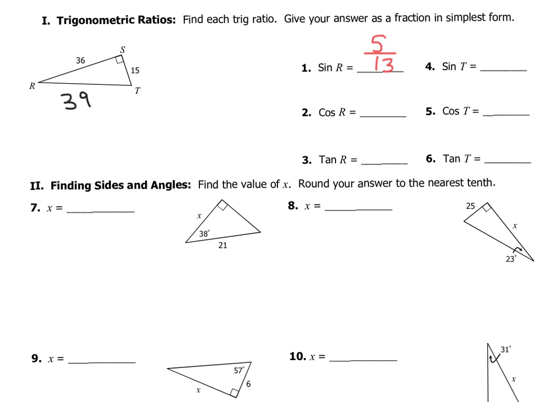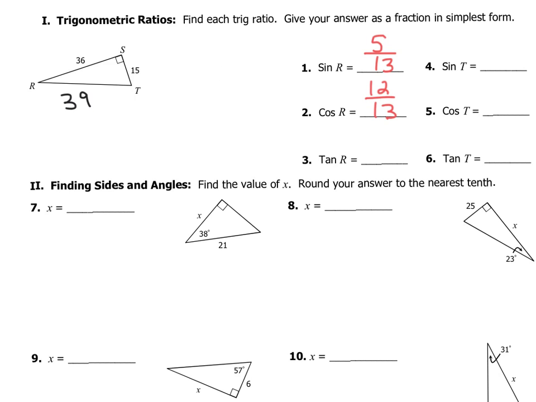The cosine of r is adjacent over hypotenuse. So in that case, we have 36 divided by 39. And again, 3 goes into 36 and it goes into 39, so we'll end up having 12 divided by 13 for number 2.